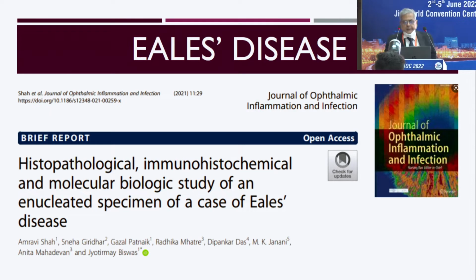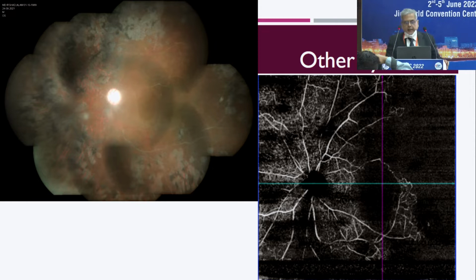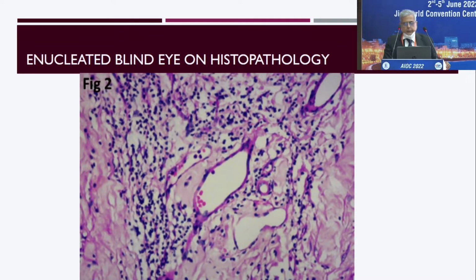We did histopathological, immunohistochemical and molecular biologic study of an enucleated specimen of a case of Eales disease. And this is the other eye showing retinal vasculitis with gross capillary non-perfusion. The enucleated blind eye on histopathology showed multiple vascular channels in the retina surrounded by lymphocytic infiltration.